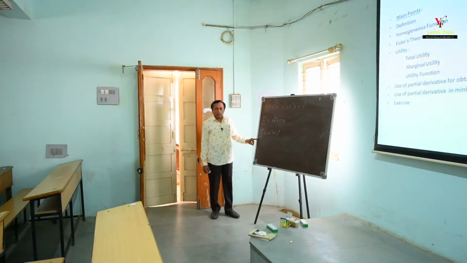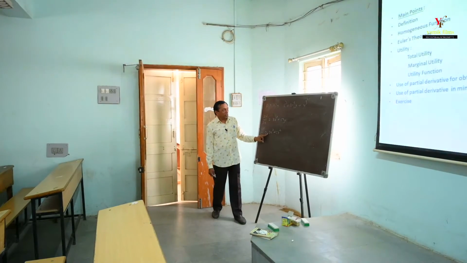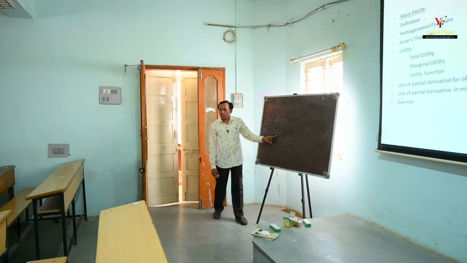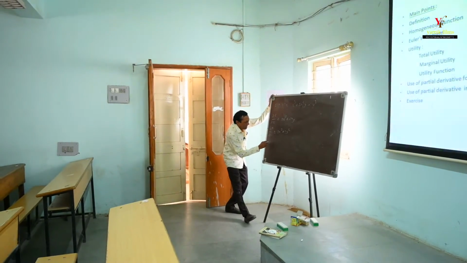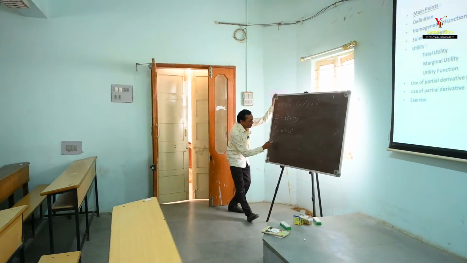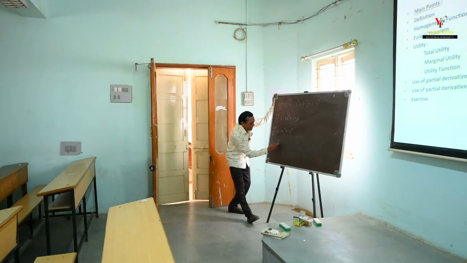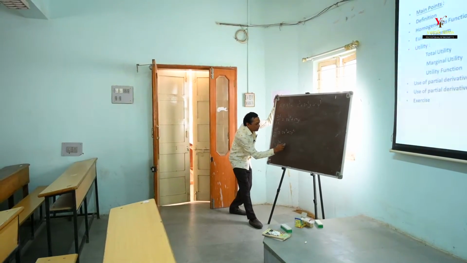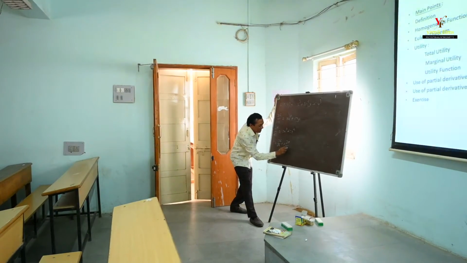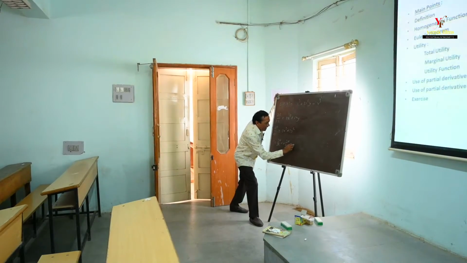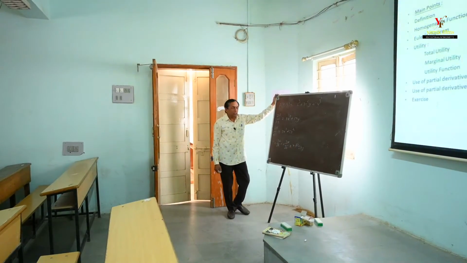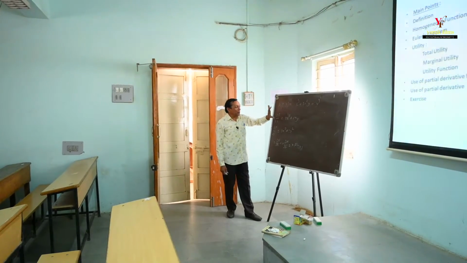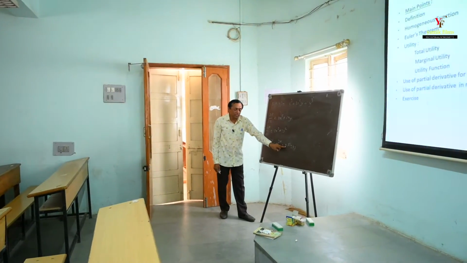The Euler theorem is x ∂f/∂x plus y ∂f/∂y is equal to n f(x,y), where n is the power or degree. Here n is the degree, which you have to find out.